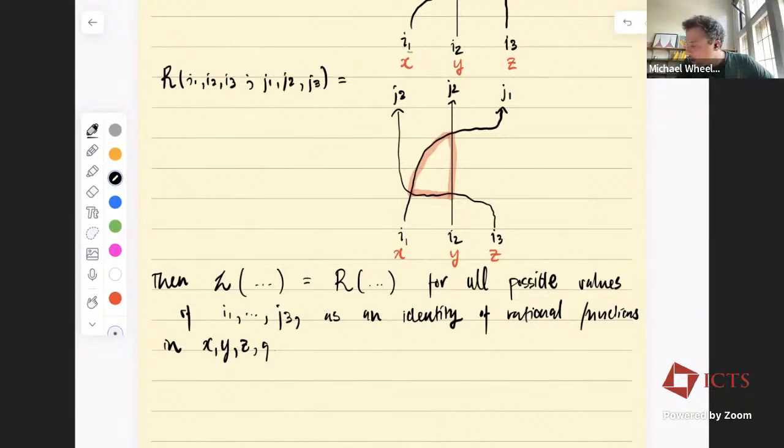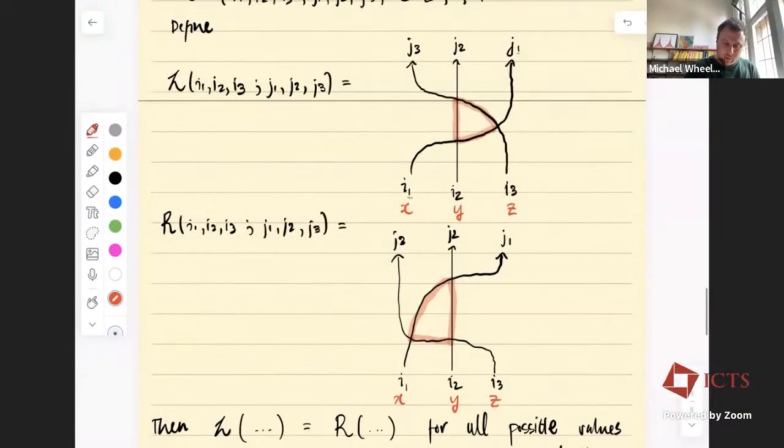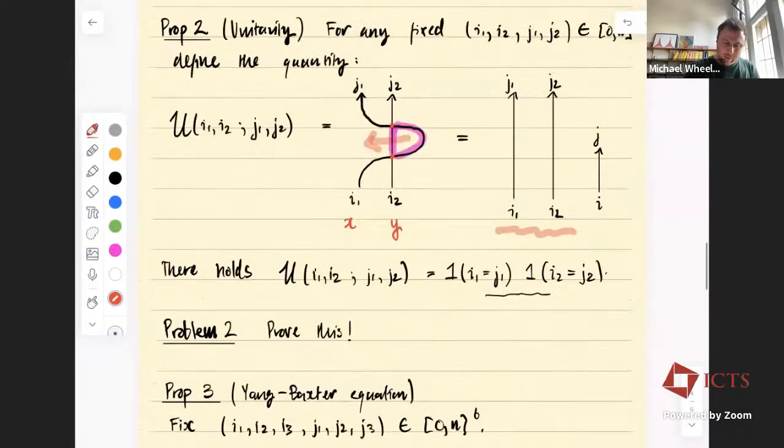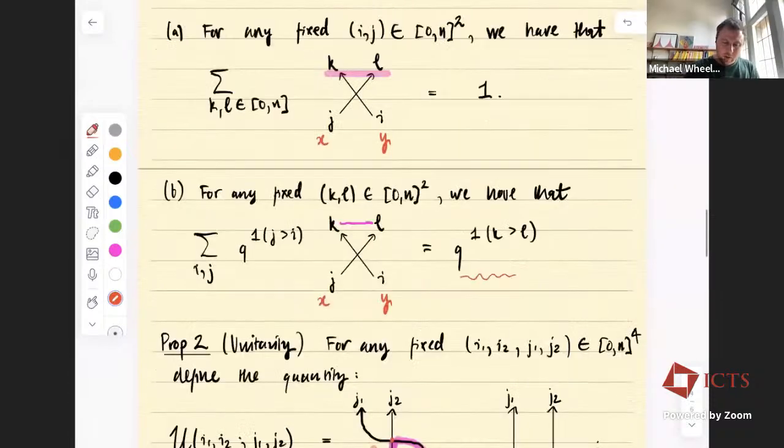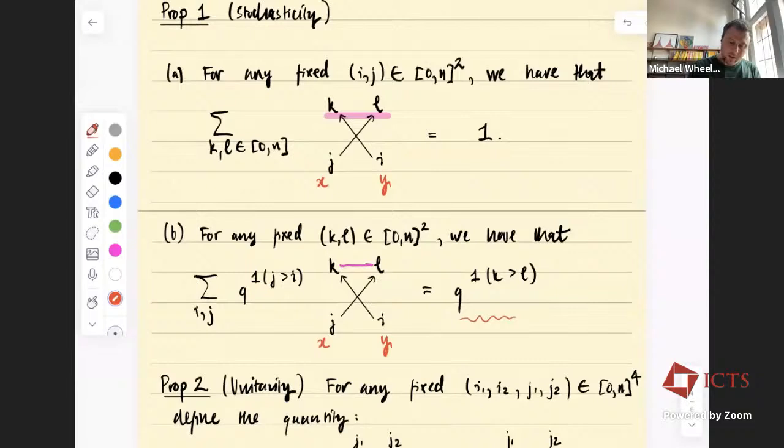But of course, for probabilistic applications, one can actually find values of all of these parameters, so x, y, z, and q, such that all of the weights are going to be positive. And if all of the weights are positive, because of the fact that the weights actually sum up to 1, clearly you're going to have some well-defined probabilistic models.